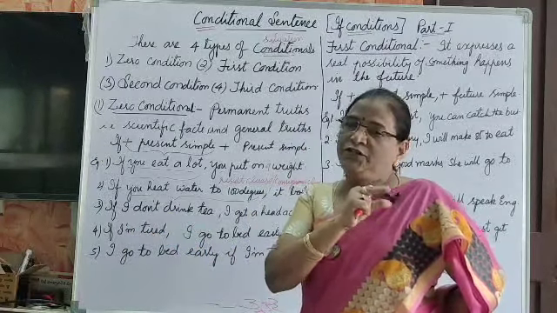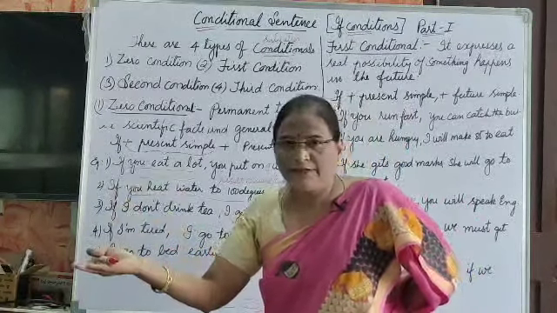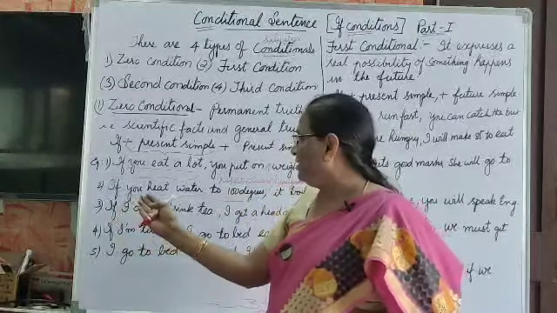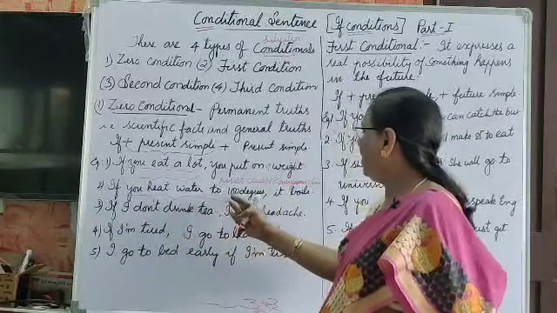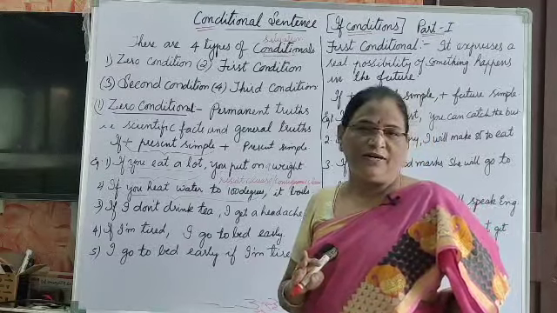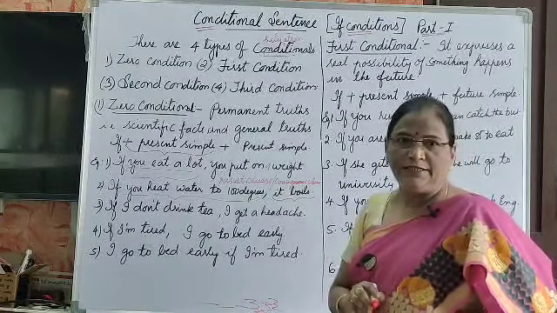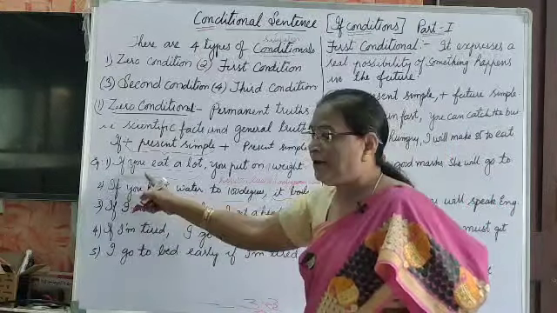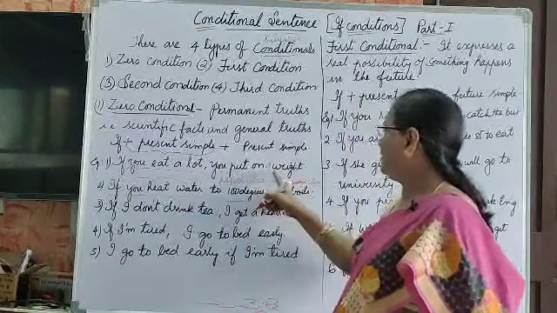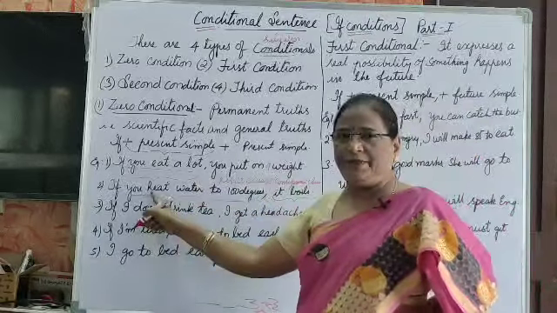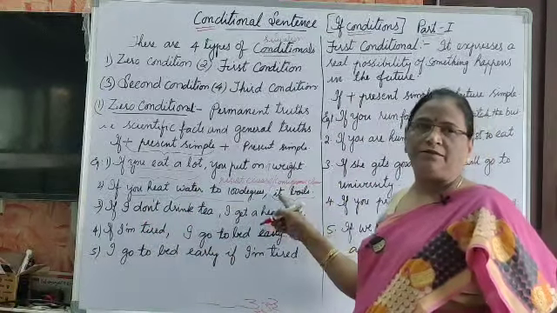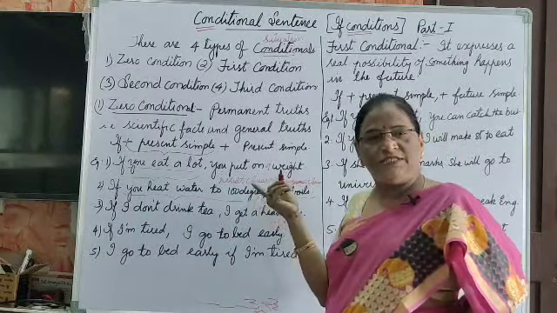That is a general truth. And in the same way, if we heat water to 100 degrees, it boils. If this happens, then this happens, naturally. So this is a general truth.